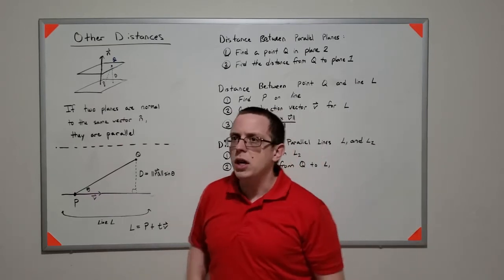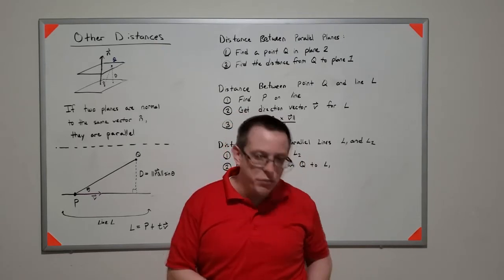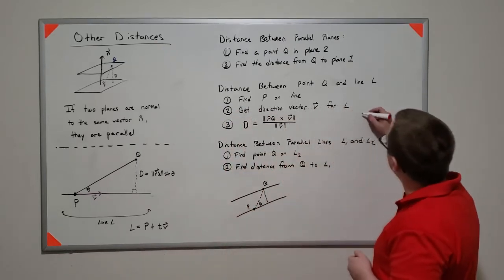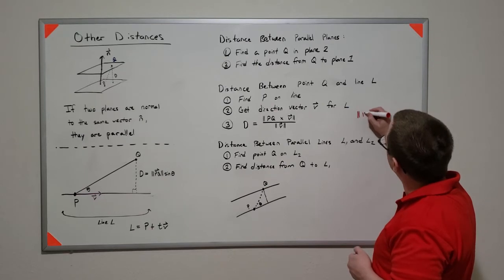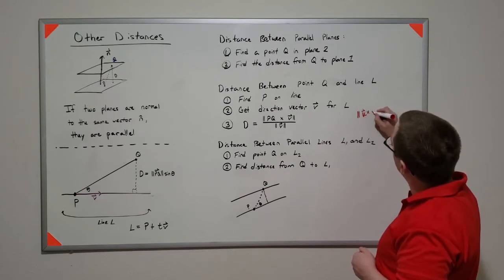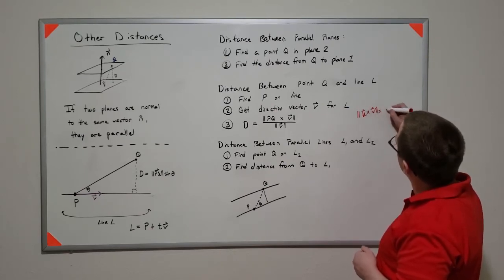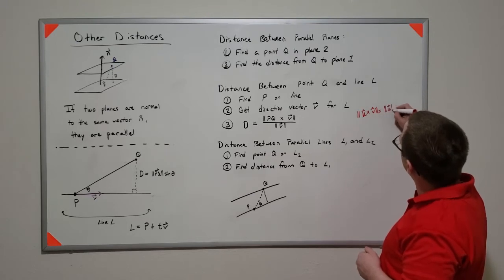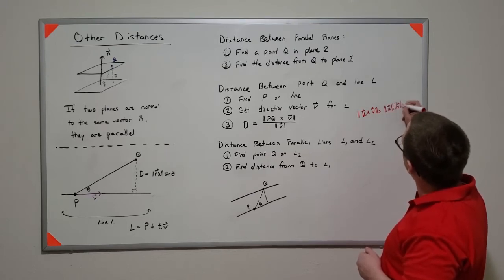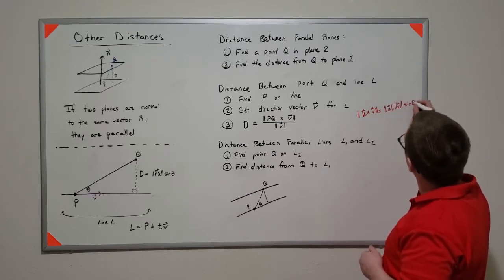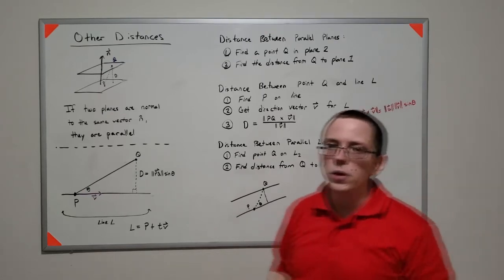Well, if you think about the way a cross product works, if you remember, the magnitude of a cross product U cross V is the magnitude of U times the magnitude of V times sine of theta, right?